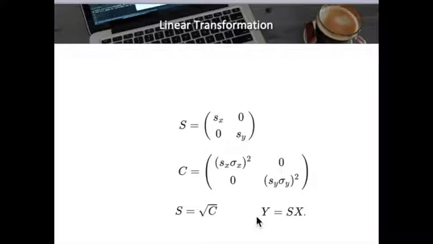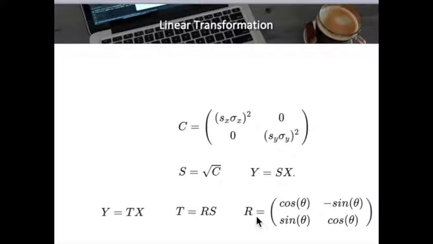Okay, so now let's apply a linear transformation in the form of a transformation matrix T to the data.